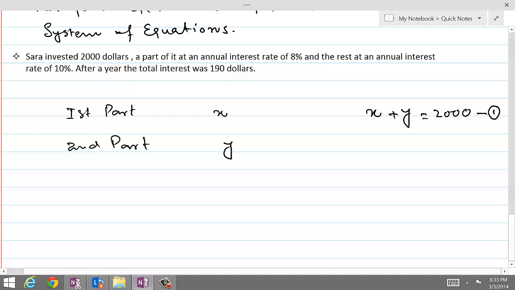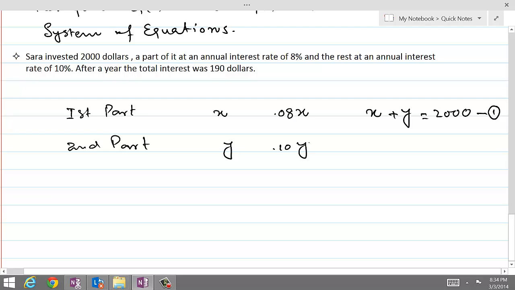Now, this x part 1 was invested at 8%. So if this was invested at 8%, what would be the interest earned there? That would be 0.08 times x. And what would be the interest earned at the part which was invested at 10%? That would earn the interest 0.10y.